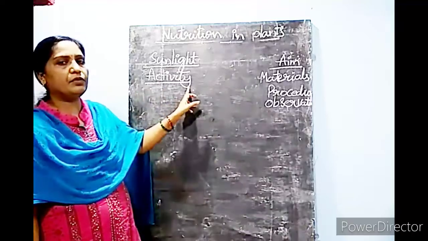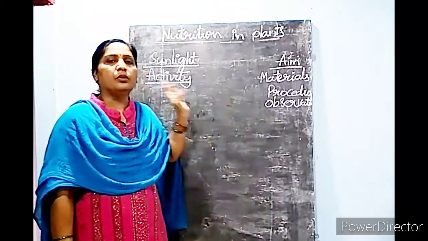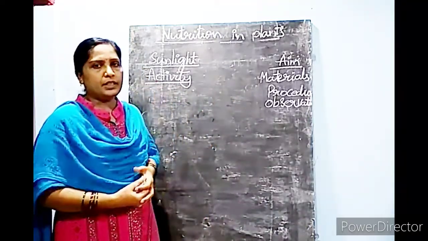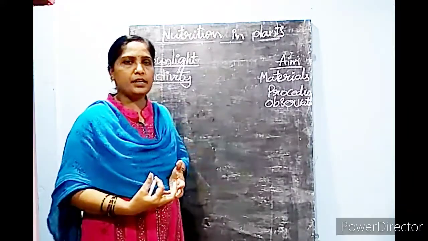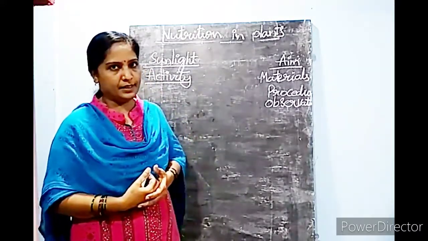So these are the steps you follow to write any activity. So what's the aim of our activity now? To prove that sunlight is necessary for growing plants.